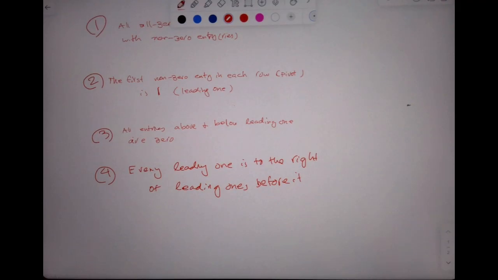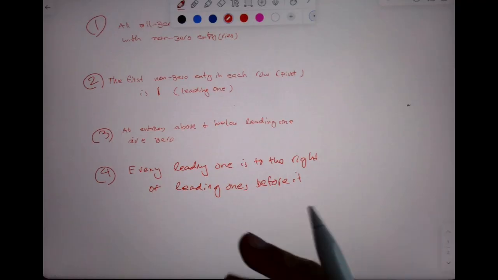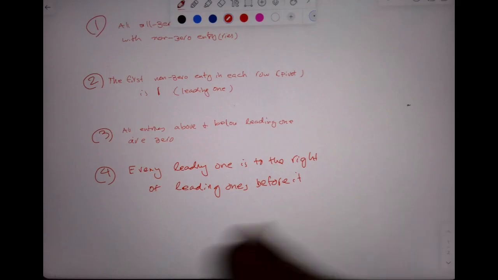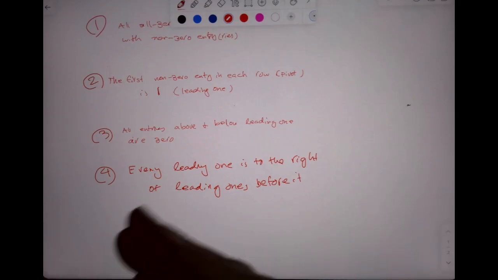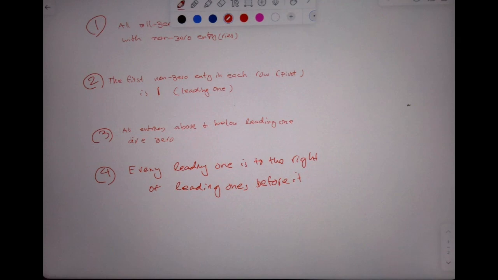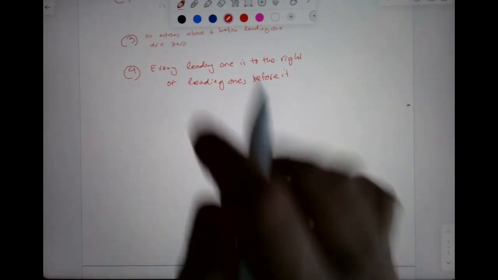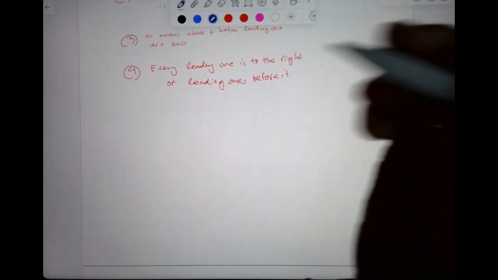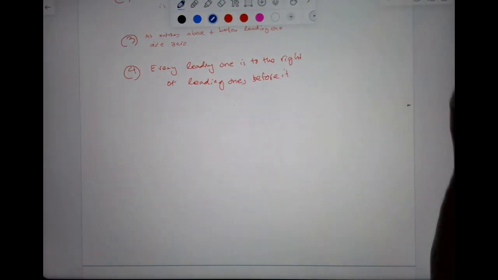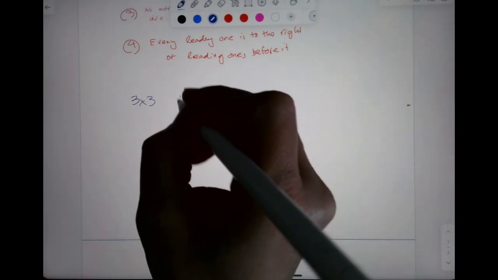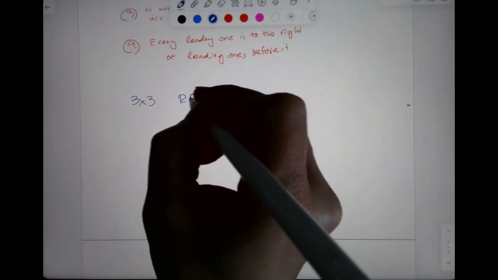And the last rule, but not the least, is every leading one is to the right of the leading one before it. So you basically are moving to the right as you go down. So these are loosely put, but let's use them to find all the different forms of 3 by 3 RREF.